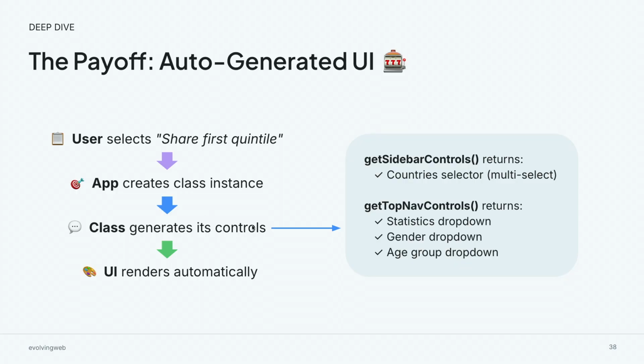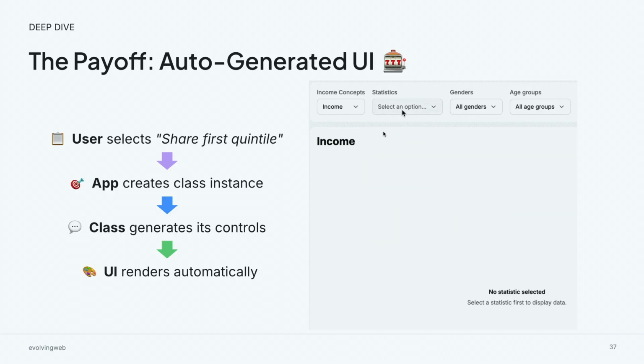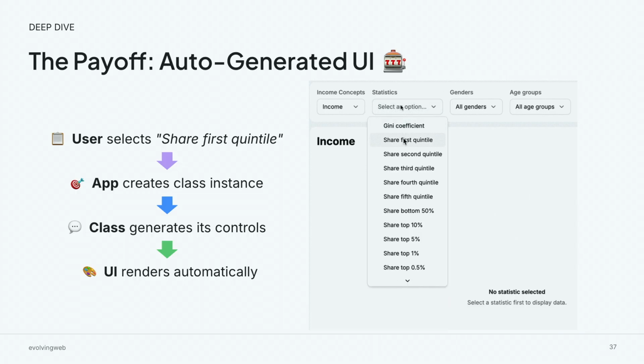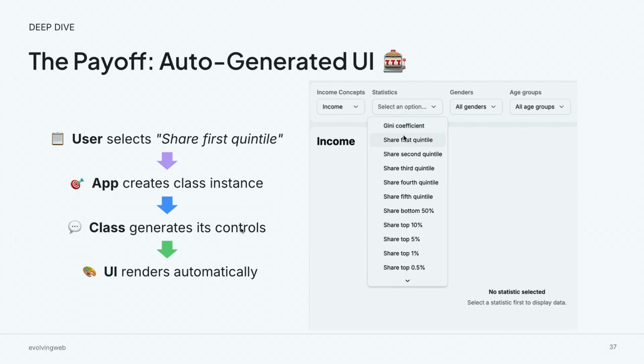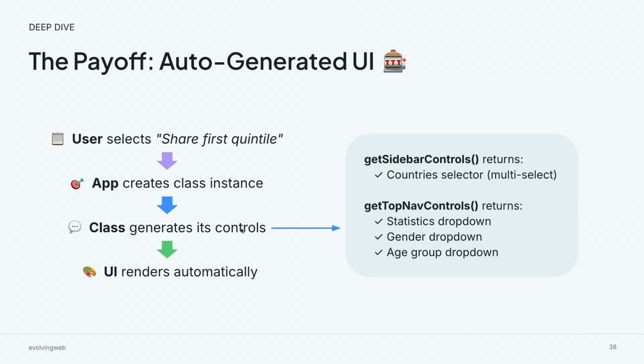And so that's what I just talked about. The class generates the controls. For example, in our application, we have controls at the top of the screen and on the right side. And so we have 2 methods for that in the class, for example, get sidebar controls and get top nav controls. All that returns what the UI needs to render, and this way it's automated.